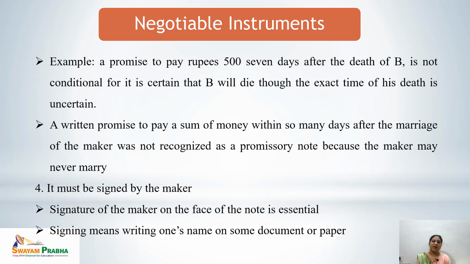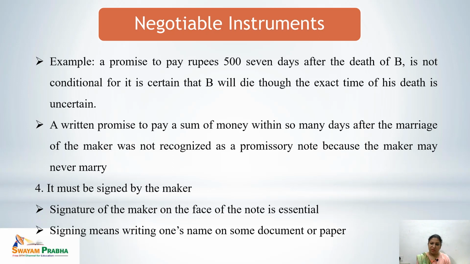So when he dies, A would pay rupees 500 seven days after his death. So this is a valid promissory note. A written promise to pay a sum of money within so many days after the marriage of the maker was not recognized as a promissory note because the maker may never marry. Getting married or not is a totally uncertain event, because a person to avoid the payment may not get married.